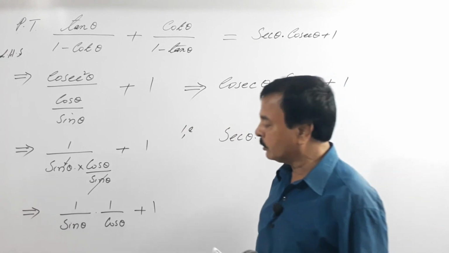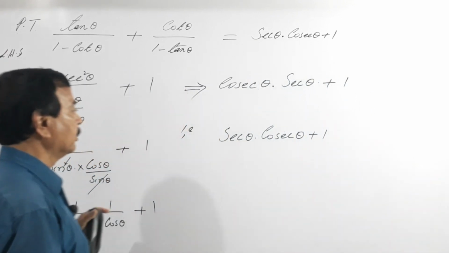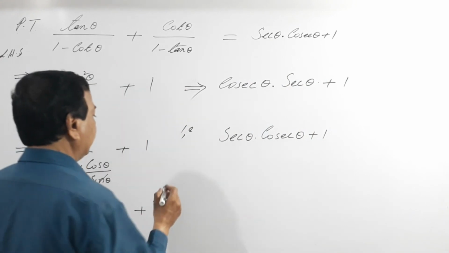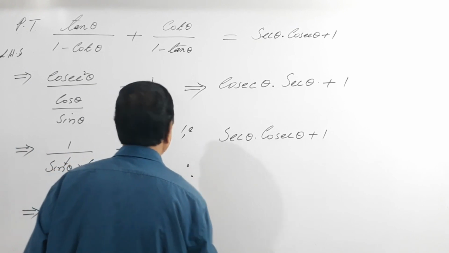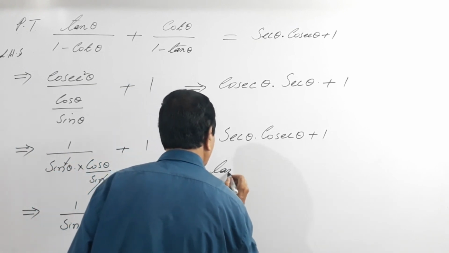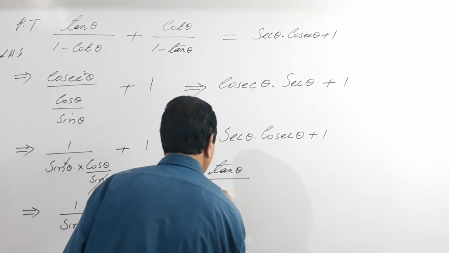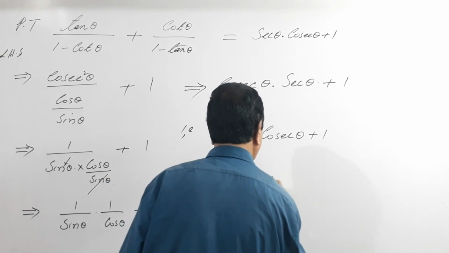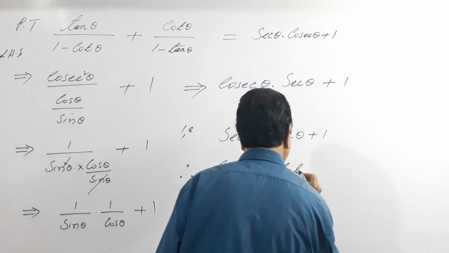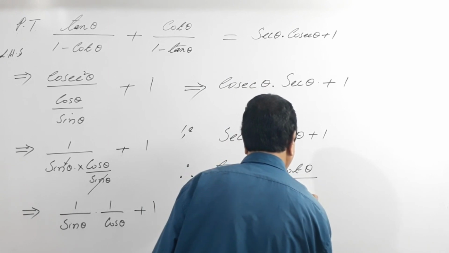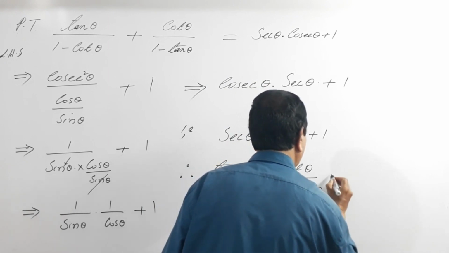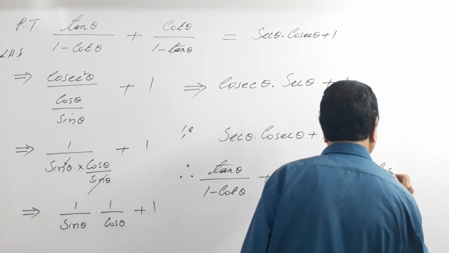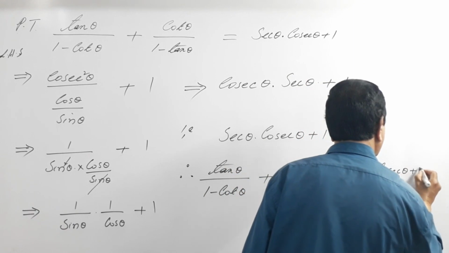So now we will do this. So what happens here? Left hand side. So now we have two ways of writing. Repeat the problem. Therefore, tan theta by 1 minus cot theta plus cot theta by 1 minus tan theta equals to secant theta into cosecant theta plus 1.